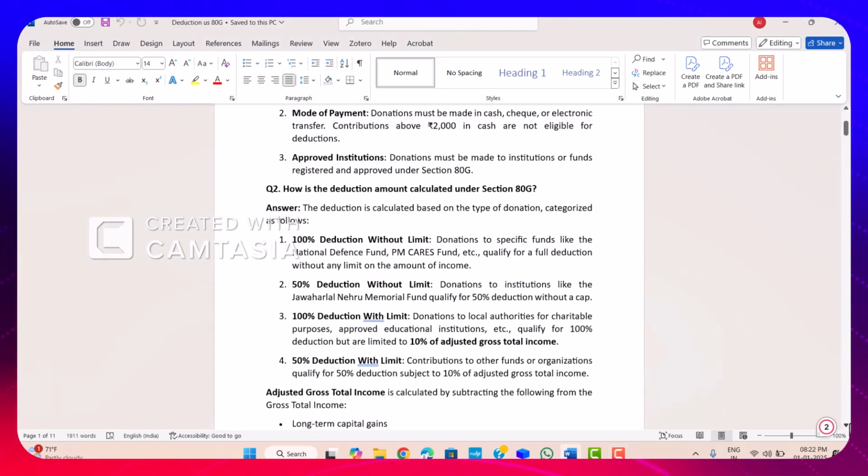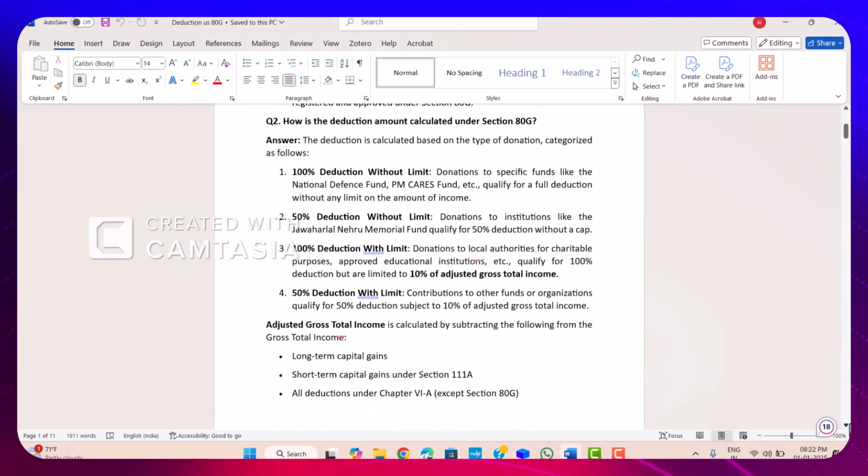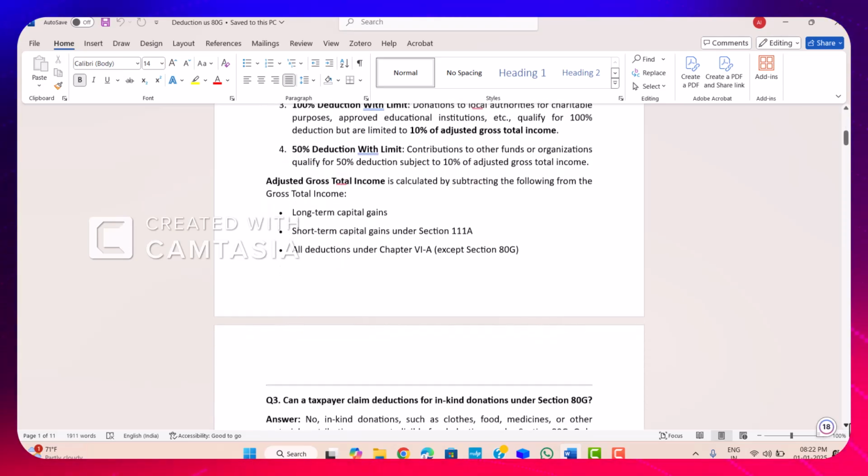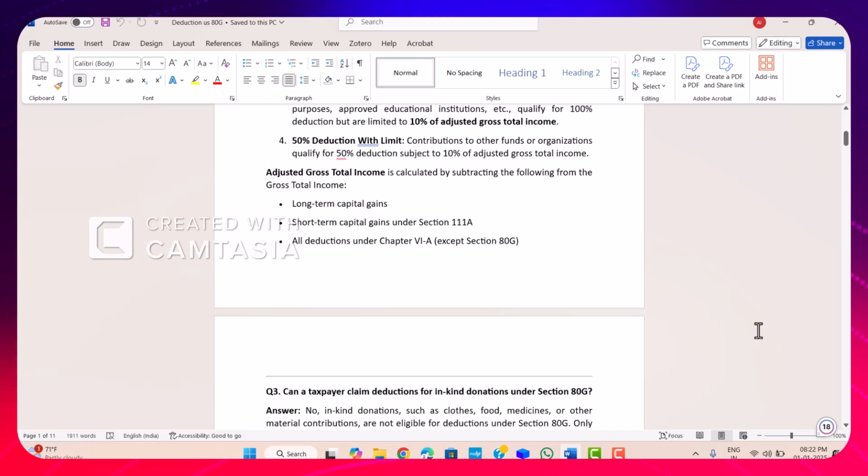Okay. Next, how to calculate the adjusted gross total income. In this, it's a very simple formula. We start from the gross total income, and we have to subtract long-term capital gain if any, short-term capital gain under section 111A, and all the deductions under 80C to 80U except 80G.